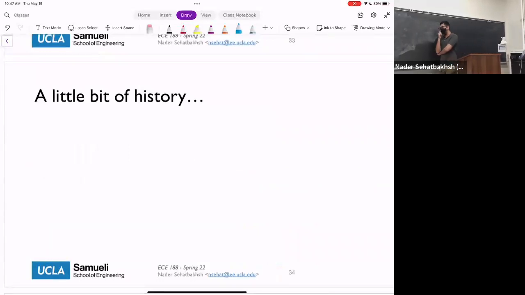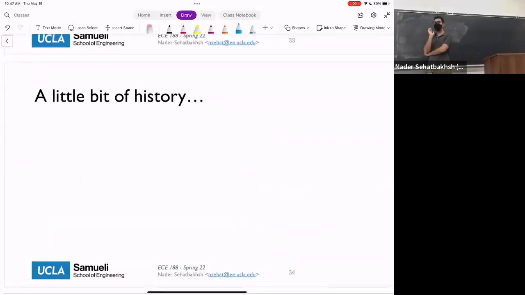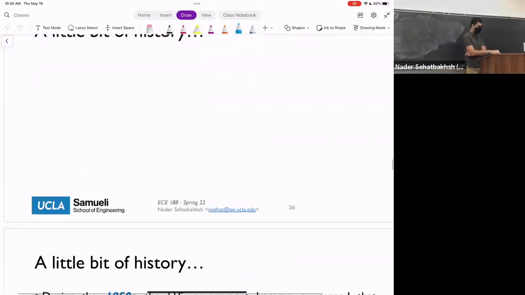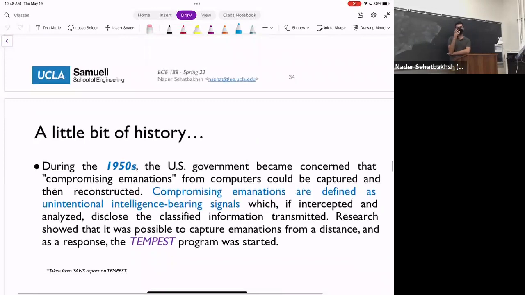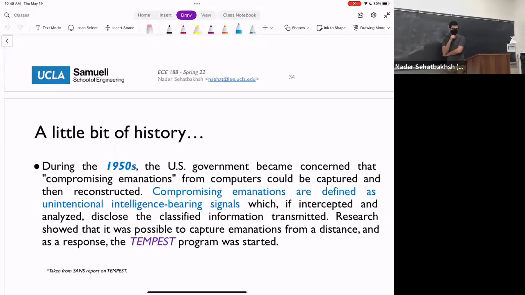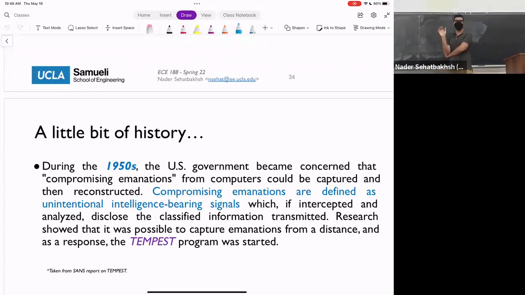To give you a little bit of history of why and how physical side channel attacks became interesting, it's the story of a little bit after World War II, where U.S. intelligence found that some of the equipment they used in the military created emanations, signals, that if you record and analyze them, you can understand what the original value was.